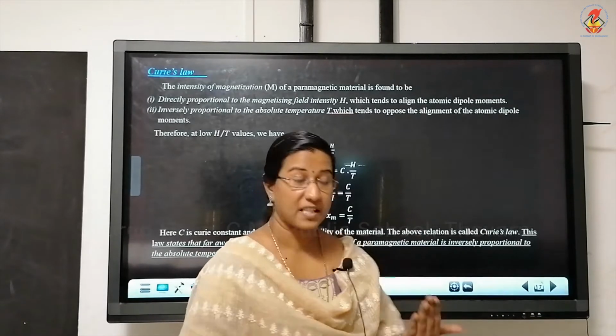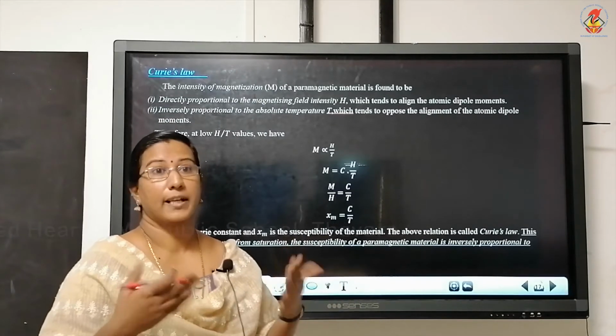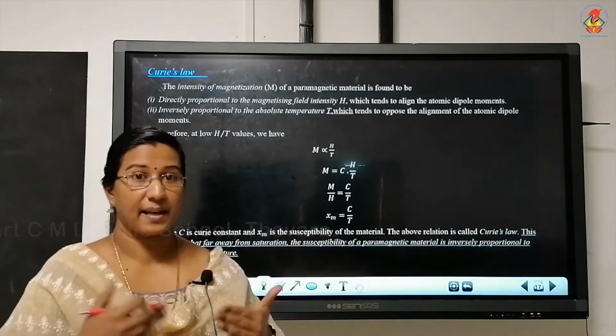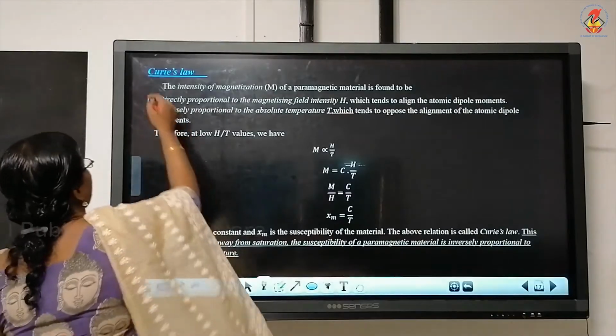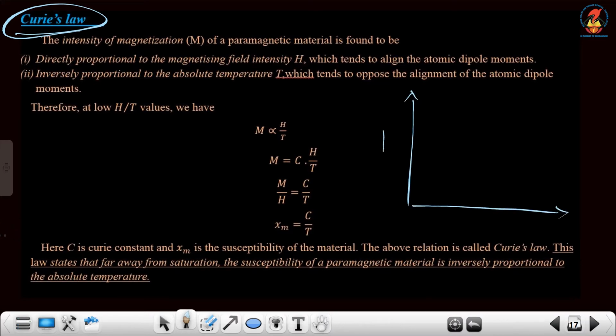The dependence of paramagnetic properties on the external field and temperature is explained using Curie's law. Now, if you draw a graph relating magnetization M, the intensity of magnetization, with the field, you will get a graph like this.